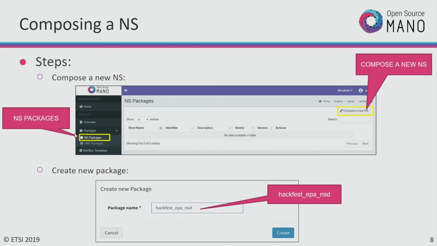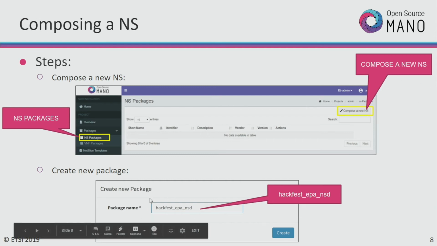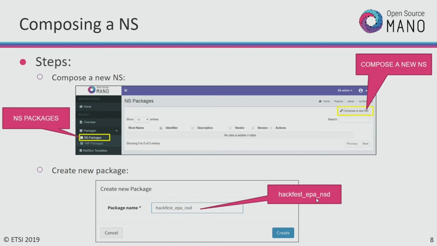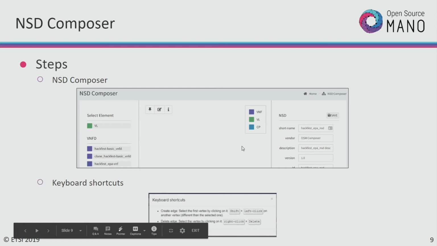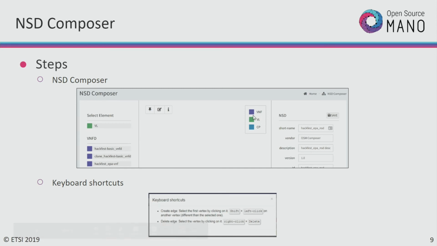You might go to network service packages, click on compose a new network service, name that package, and here is the composer that you already know. You have all the VNFs that you have already loaded in OSM, and the possibility to put connection points and virtual links.